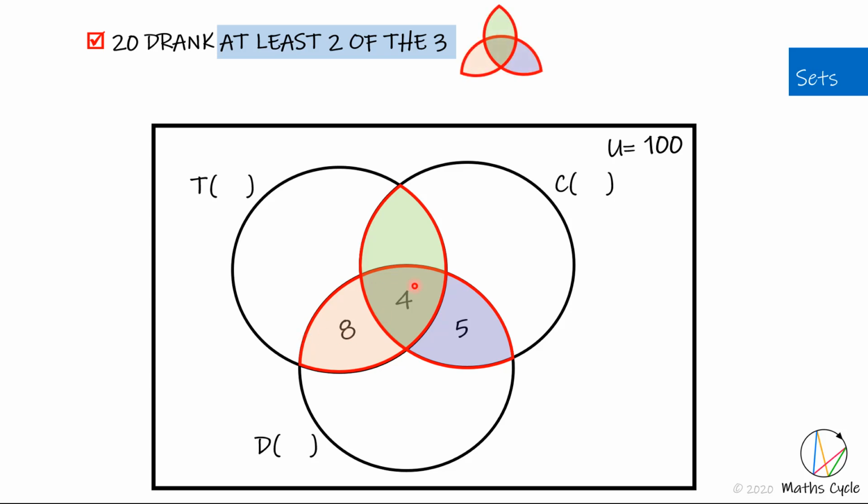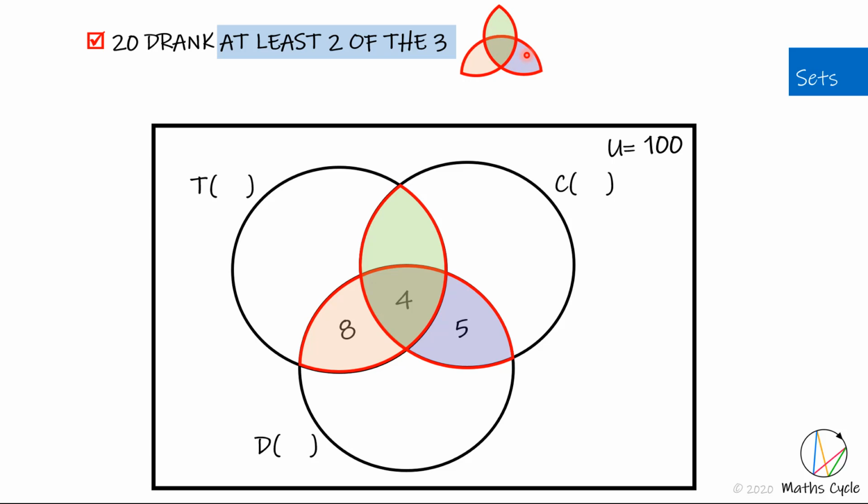If you think of this as a flower with 3 petals, the 3 petals are the areas where you have 2 drinks, and then the center is where we have all 3 drinks. So it says at least 2 of the 3, and that's all 4 parts of this diagram.